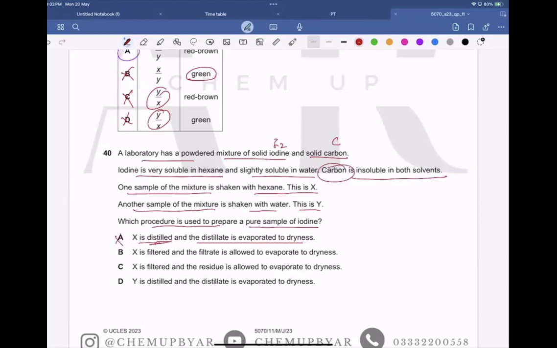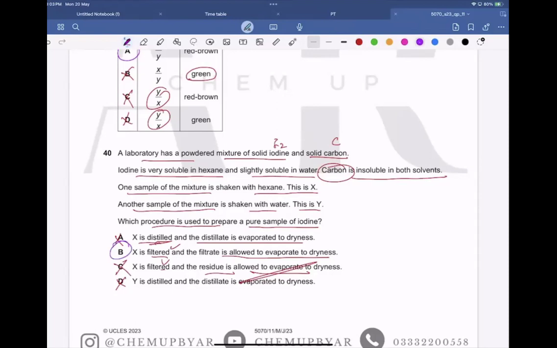So distillation is wrong. So A and D go wrong. We have to filter it. In both cases, the filtrate is allowed to evaporate to dryness. The residue is carbon, right? So if we allow the residue to evaporate to dryness, that is going to be wrong. So C goes wrong and we are left with only B. So B is the correct answer.